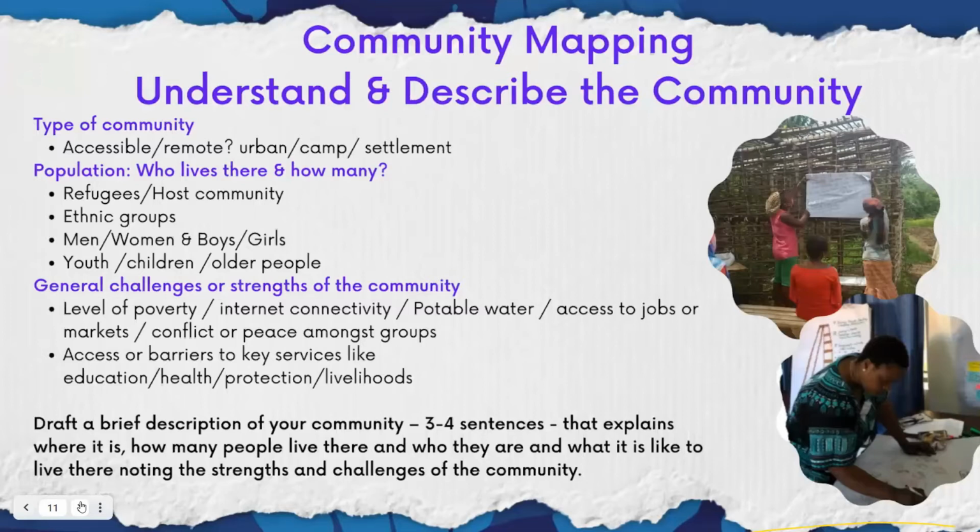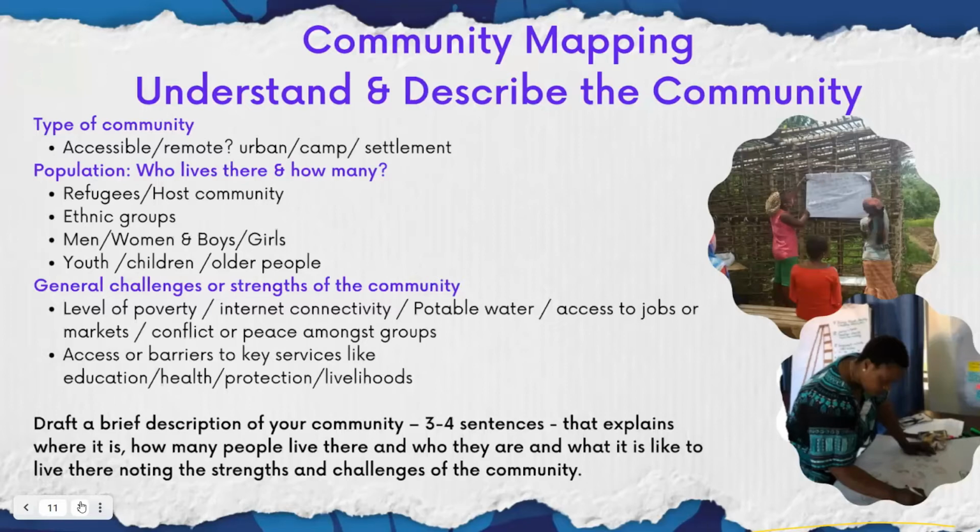Are there conflicts in your community, or is there good cooperation among the different ethnic groups, religious groups, or tribes? Even the refugee communities and the host communities, are they having tensions? Are they having good cooperation? Do they work together? You need to put that out in your community map. And lastly, you discuss all the questions that you have put there: the type of your community, the challenges they have, the population number.